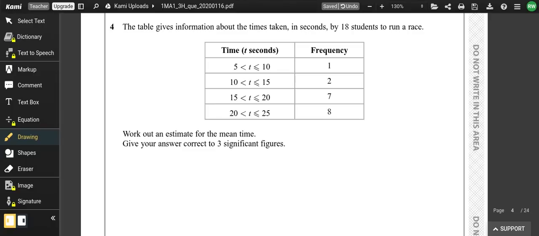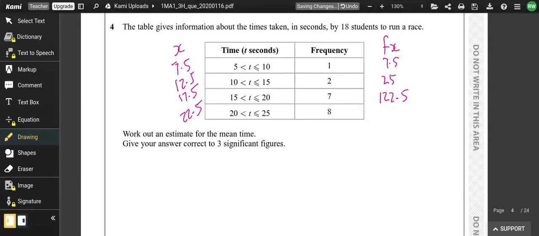Okay, grouped frequency. So we know that we need to do the midpoint, which will give us our x column, 7.5, 12.5, 17.5, and 22.5. And we would multiply those for fx in this column here. So 7.5 times 2 is 15. 17.5 times 7 is 122.5.